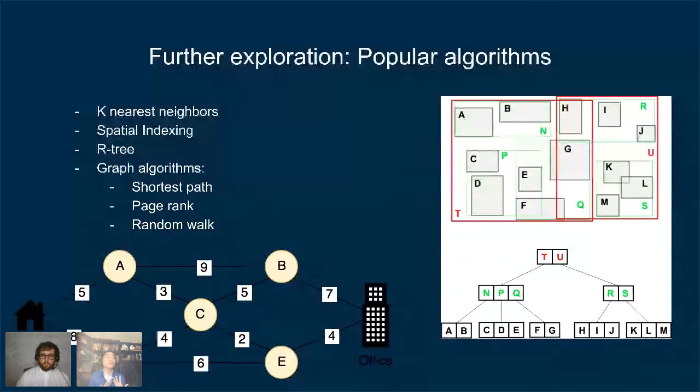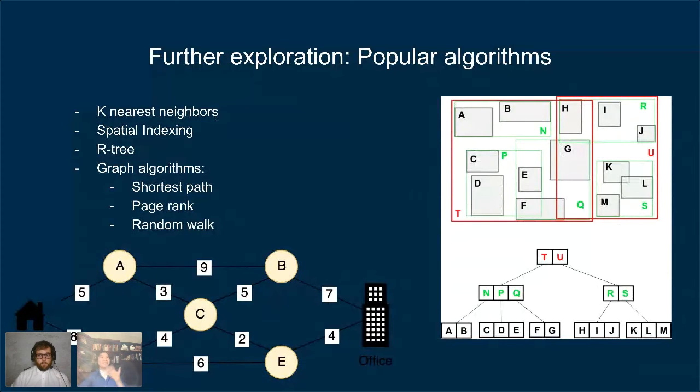That leads to some algorithms that help with indexing to make it much faster. For example, in the picture here, this shows an R-tree. An R-tree is one type of spatial indexing that helps to index things spatially.